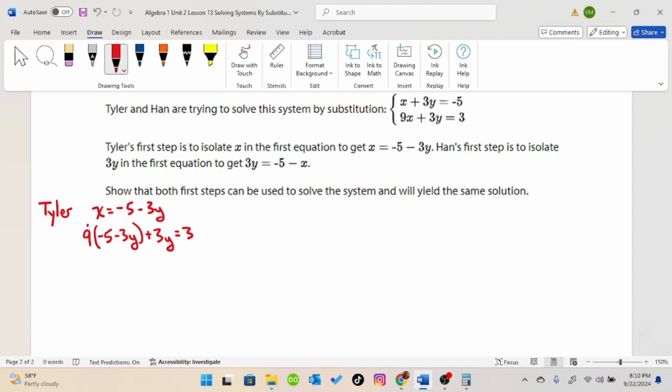We use the distributive property. 9 times negative 5 is negative 45. 9 times negative 3y is negative 27y. Plus 3y equals 3.